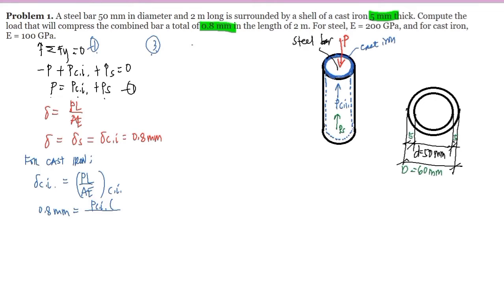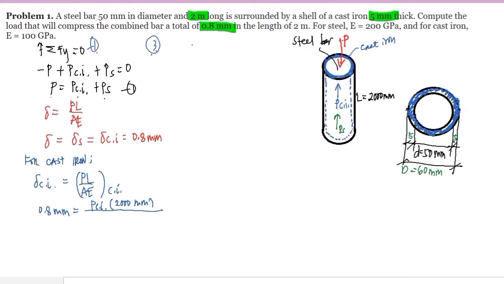So given in the problem, the length is 2 meters. So we have here the length is equal to 2000 mm. For the cross-sectional area, the cross-sectional area of the cast iron is this. Ito yung cross-sectional area ng cast iron.